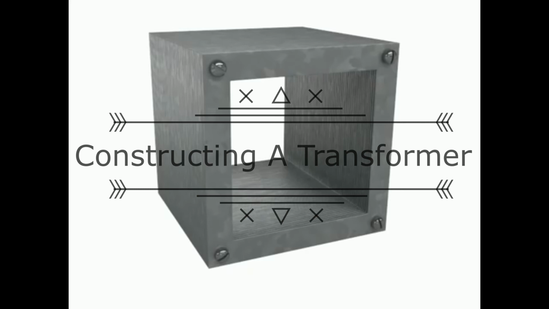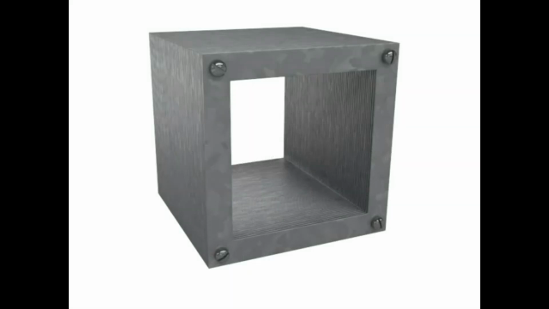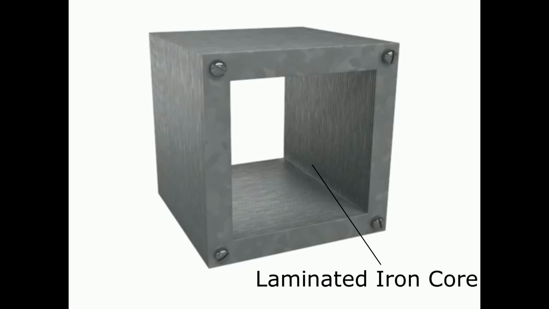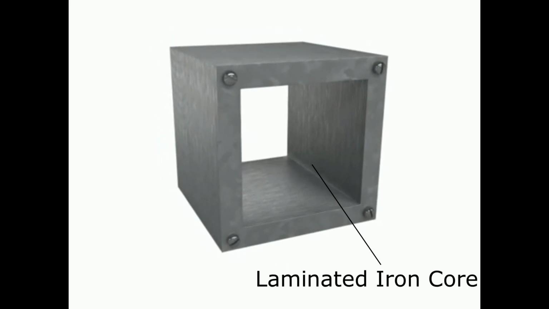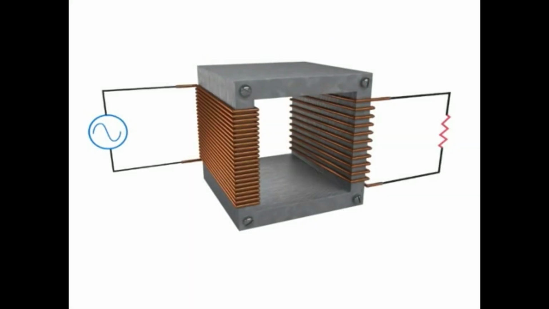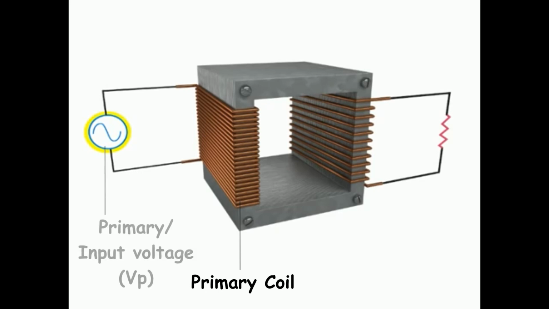Constructing a transformer. A simple transformer consists of two coils wound on a laminated iron core. The coil which is connected to the power supply, whose voltage is to be raised or lowered, is called the primary coil. The supply voltage is called the primary voltage, which is also known as input voltage, represented by the symbol Vp.